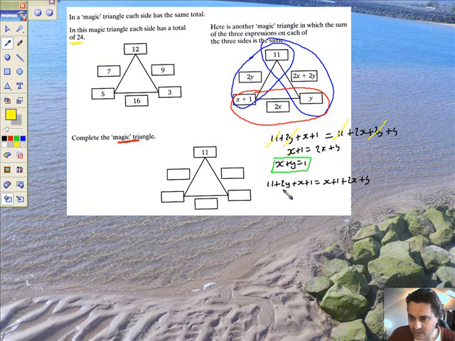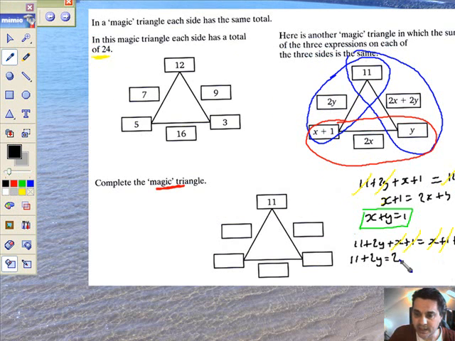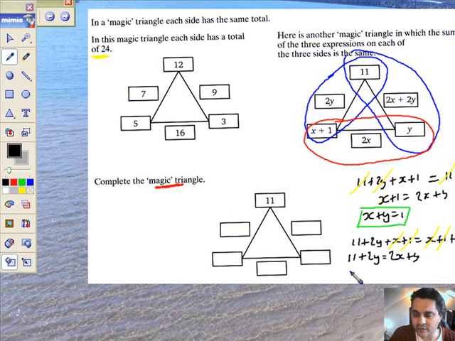Well, what can I get rid of? Let's get rid of that x with that x. Let's get rid of that 1 with that 1. Let's just fix these up a little bit. I've got therefore left over 11 plus 2y equals 2x plus y. Let's bring my 2y over there. I've got 11 equals 2x, y minus 2y is minus y, and that will be my second equation.